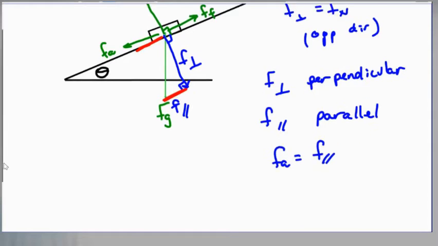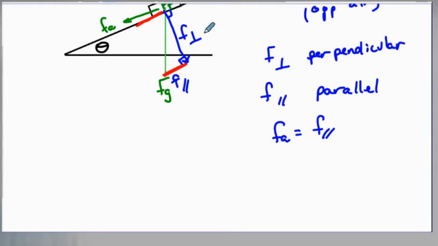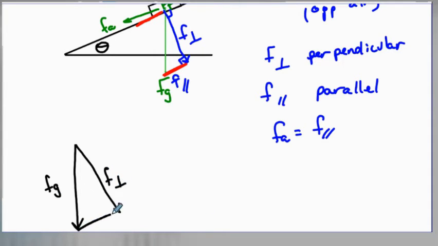Now I see this triangle here, and I'm going to redraw it for us. So I've got this triangle with this downward force of gravity, this perpendicular force here, and then at a right angle to our perpendicular force is our parallel force.